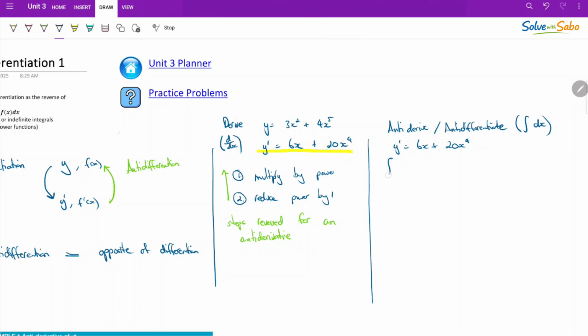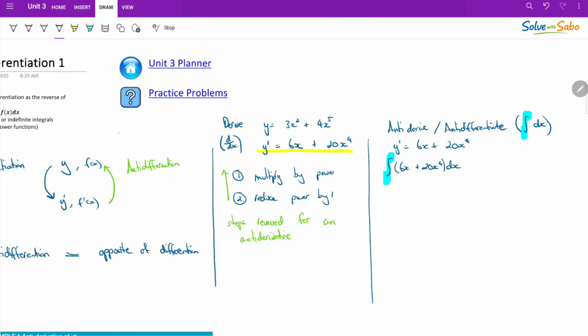So the integral of 6x plus 20x to the 4 dx. Now you'll notice that I accidentally said the word integral. It's because antiderivatives and integration are so heavily intertwined. And this symbol here that we just wrote is the integration symbol. Okay, so don't worry about what that word means for now. Just know that that's the symbol that we're using.